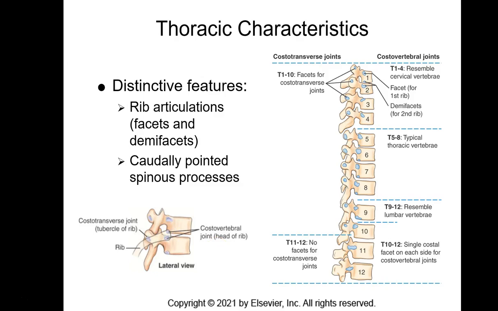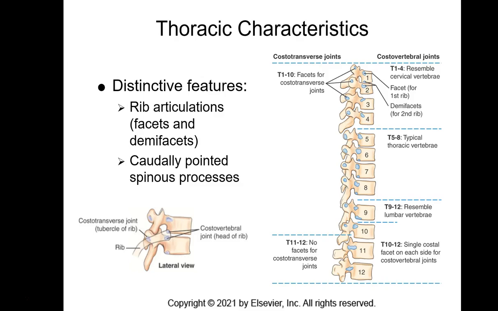Vertebrae that have 2 demifacets share articulations with the heads of ribs, which we see here. There are 2 vertebral bodies that share articulation with one rib. So for example, the head of the 4th rib articulates with the demifacets on the vertebral bodies of T3 and T4.